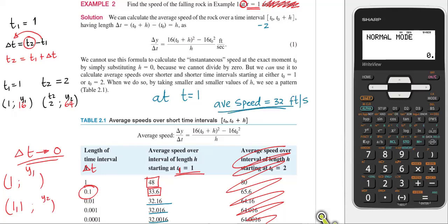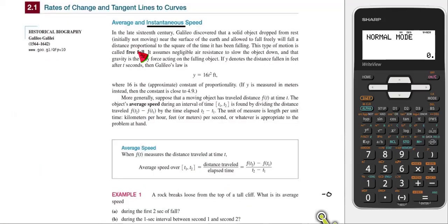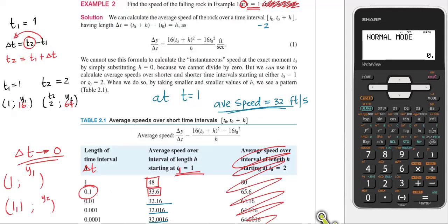So let's recap. Average gradient, you give me 2 different points. Instantaneous, or at, is actually 1 point, or you can say 2 points that are the same. But you're going to have a problem: you're going to get 0, so you can't do it directly. You have to borrow the average method to get the instantaneous.